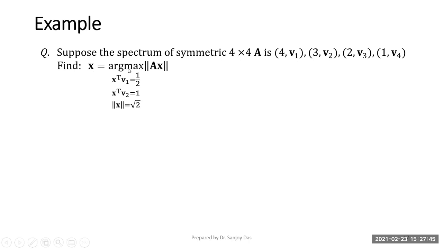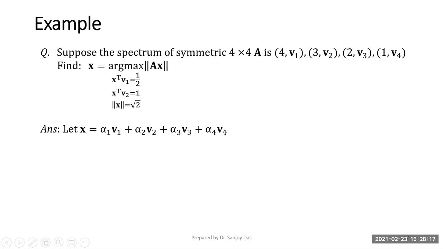I want to find the argmax of the length of AX, that is, an X that maximizes the length of AX, such that the length of X is square root of 2, the projection of X along V2 equals 1, and the projection of X along V1 equals half. This is my problem.